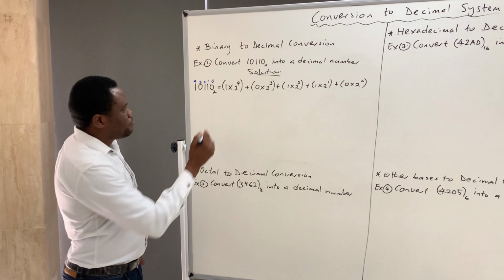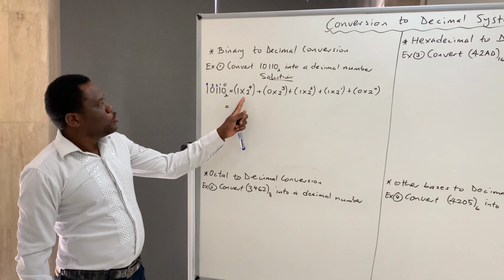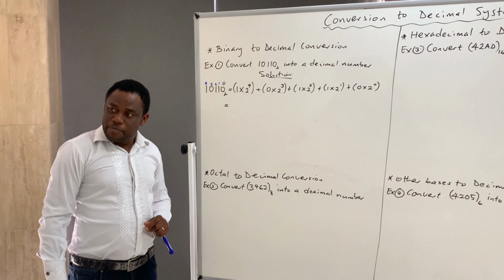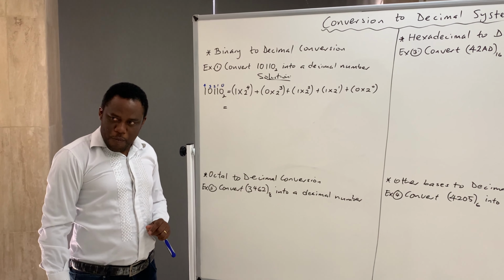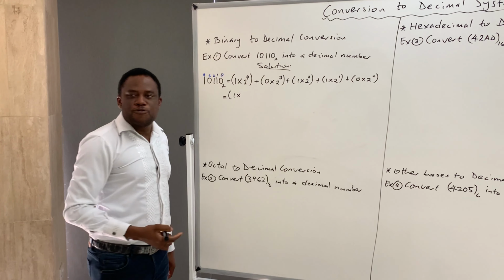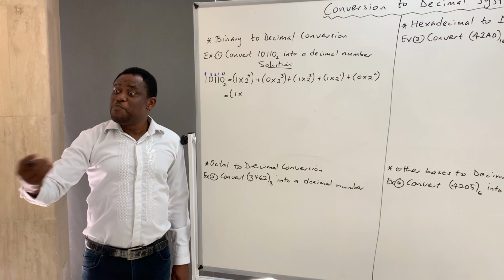So quickly, to solve this kind of problem, we have to use BODMAS, right? Exponents before multiplication. So we have 1 times 2 to the power of 4. It means 2 in 4 places, right?